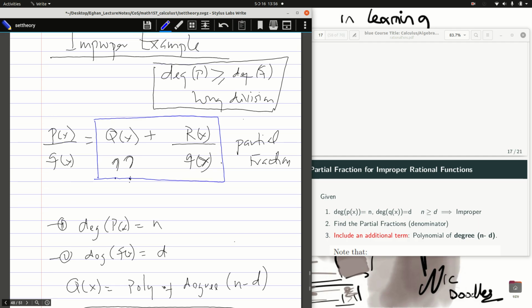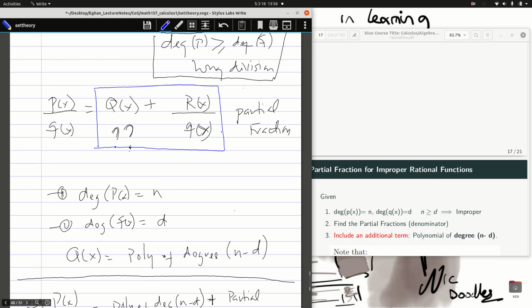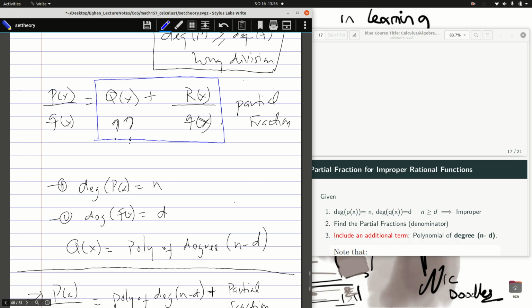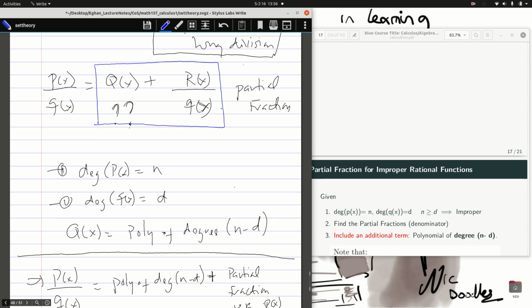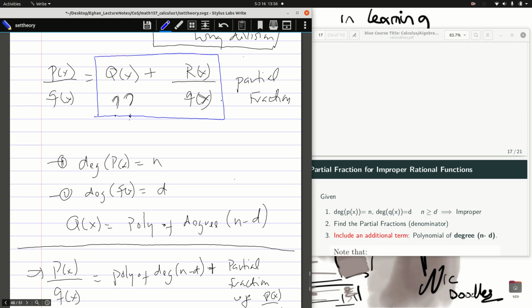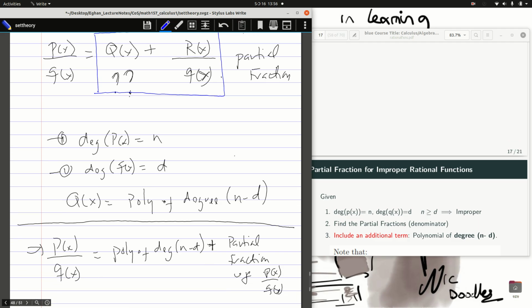Now the improper case becomes handy with the partial form if it's complex to find the long division. For some questions it will be easier to use long division, others might not be, and this is when partial fractions become very important, especially with the improper one. So the question is, how do I find q of x if I can't do long division to obtain it?